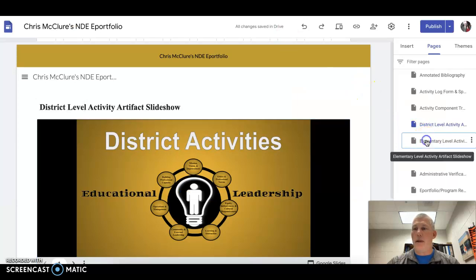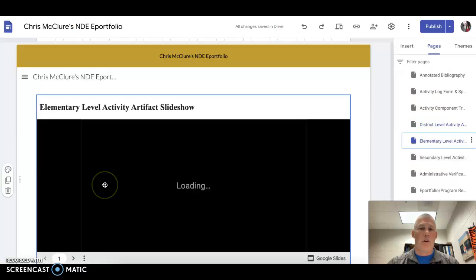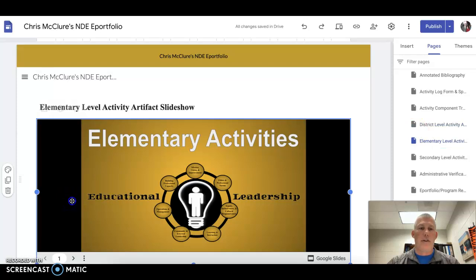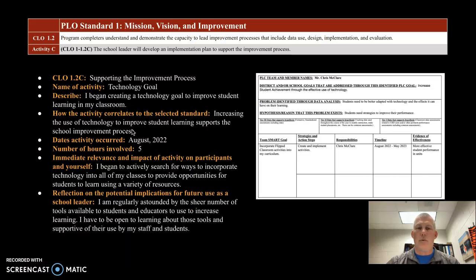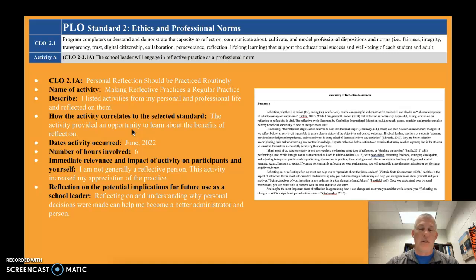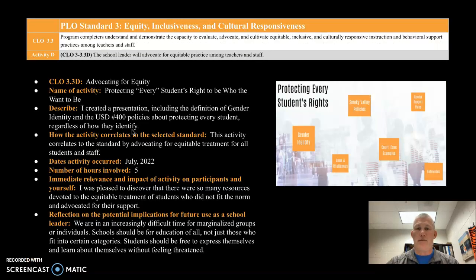Then I had my elementary level artifact slideshow, very similar, just at the elementary level. I did find it difficult at times to get artifacts or get information at the elementary level, just because I am so rarely at that level, having taught high school my entire career, with the exception of 2 years where I also taught a little bit of 7th and 8th grade business.